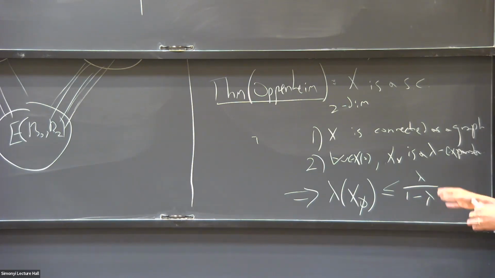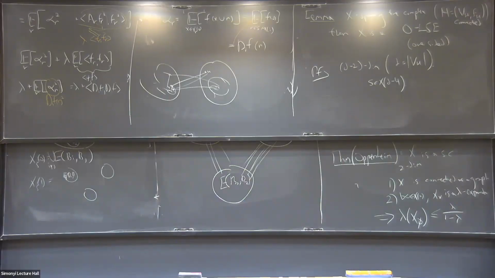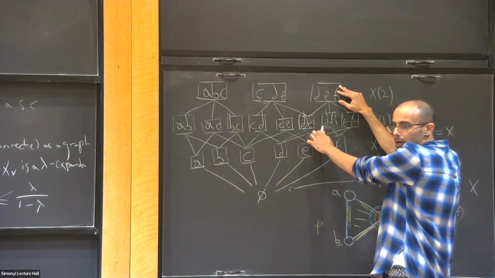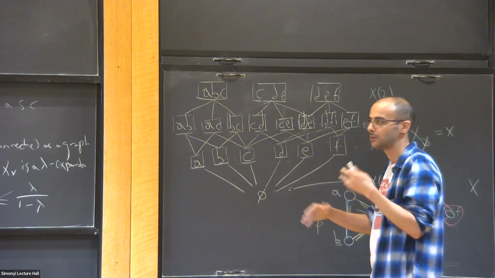The lower bound on the spectral expansion actually improves as you go down. The upper bound deteriorates. Specifically, if you showed that lambda was 0, which is very tight, then you will still get a 0 here. If lambda is even slightly positive, this gets worse and worse. But the point is that if you know the links here expand, and the underlying graph here is connected, then links here will also expand, and you can trickle down the expansion.